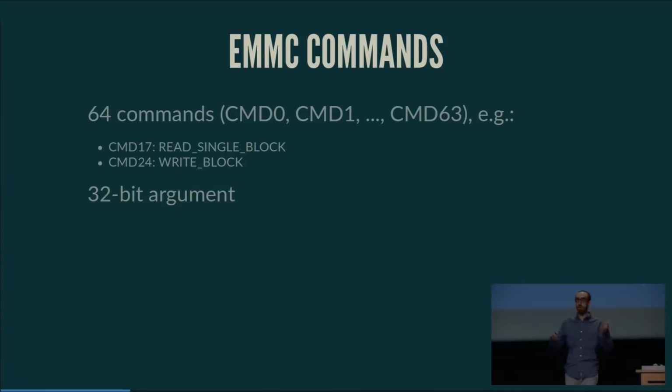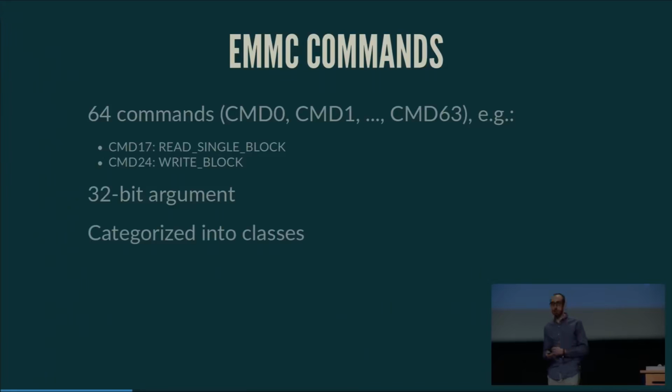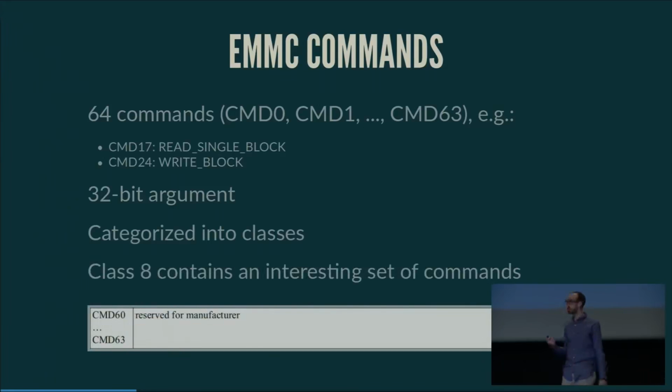So you send a command, it has a number and an argument. All the commands are categorized into classes. There's one specific interesting class, which is class 8, because if you look at the specification, you'll see that commands 60 up to 63 are reserved for the manufacturer. So if something interesting is going to happen, it will probably happen with these commands.